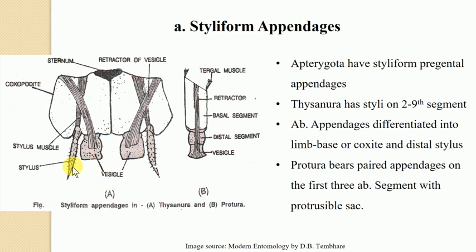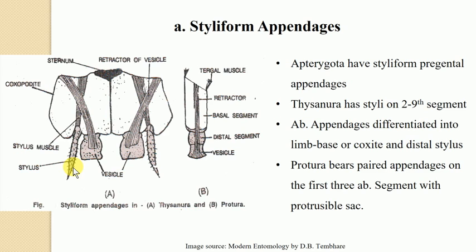The position of the styli differs among the different families of Thysanura. Similarly, the 10th segment also does not contain any appendages. Lepisma, however, bears pregenital abdominal appendages on segments 7 to 9. This is the difference within the Thysanura group.